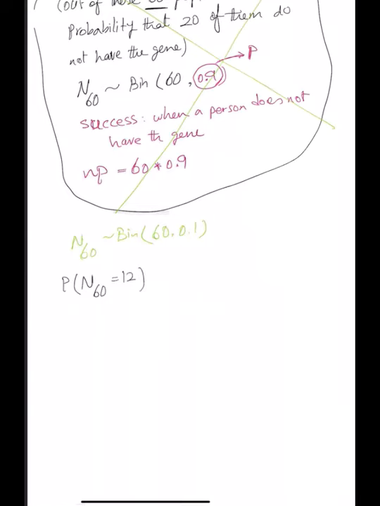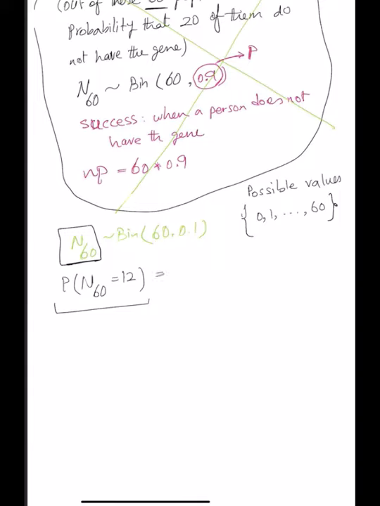What are the possible values that this random variable can get? Can you tell me all possible values that this random variable N60 can get? 0, 1, all to 60. Exactly, 0, 1, all the way to 60. These are possible values. Now I want to know the probability that this variable gets the value of 12. 12 of those 60 volunteers have the gene.